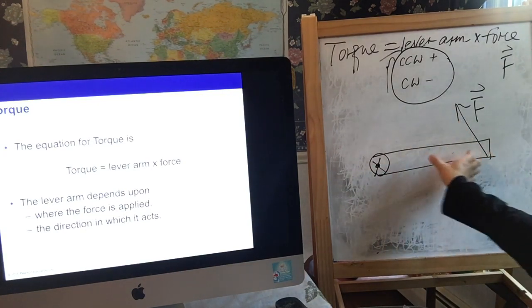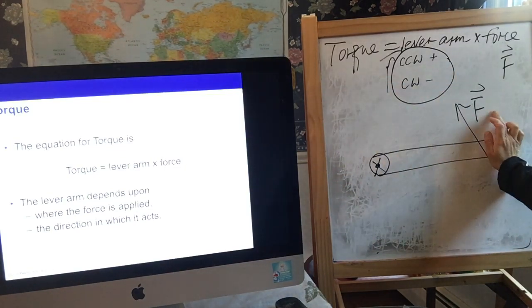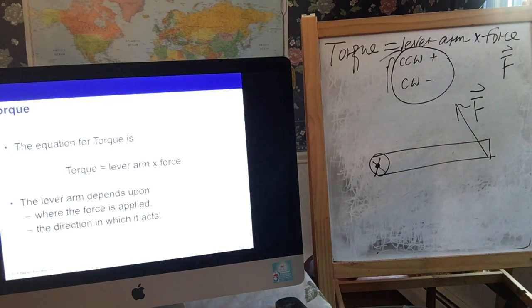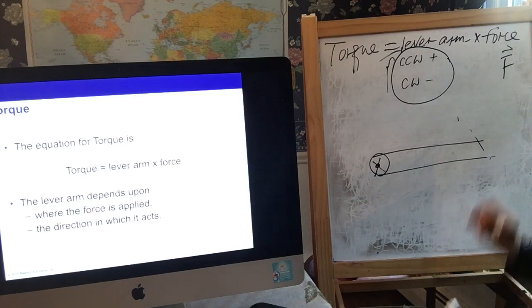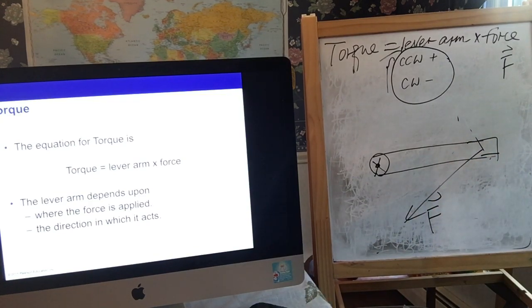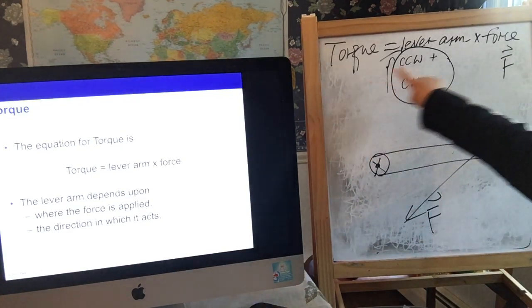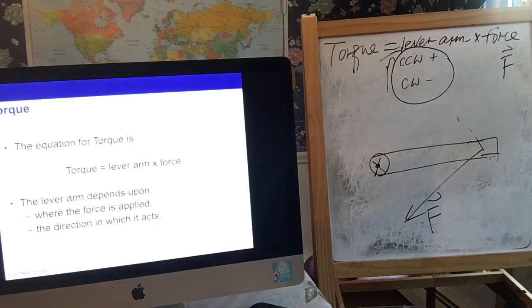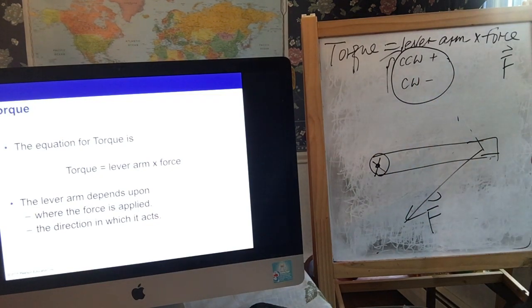Under this force, this whole thing is going to rotate counterclockwise. So we say the torque generated by this force is positive. If we have a force going in this direction, under this force you see this whole door is going to rotate in this direction. It's the clockwise direction. So this force is going to generate a negative torque.